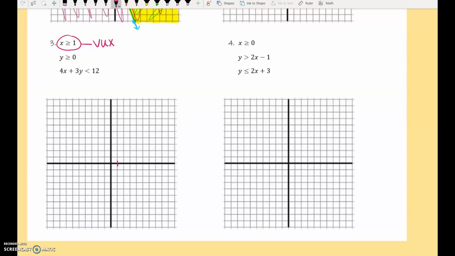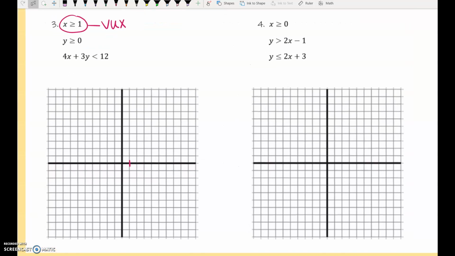Does it need to be a solid or a dashed line? So let's draw in a solid line. And notice I'm trying to make my lines cover the entire graph. If you use these little itty bitty mini lines, it makes the shading really, really difficult. Okay, and I'm going to use highlighter to shade because it's just easier on my screen.